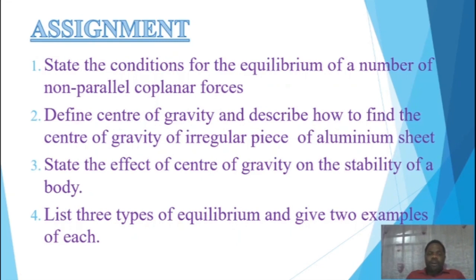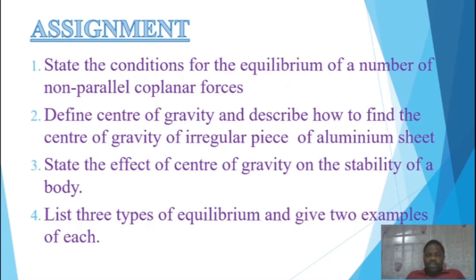But for non-parallel coplanar forces, we say the vector sum of all the forces acting on the body will be 0. That means the algebraic sum of all the horizontal component forces will be equal to 0, and the algebraic sum of all the vertical component of forces will be equal to 0. We also say the total clockwise moment is also equal to the total anti-clockwise moment.